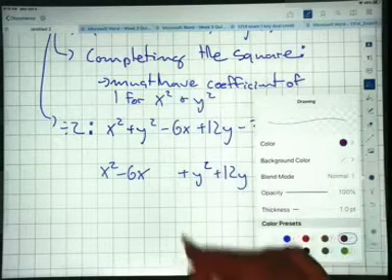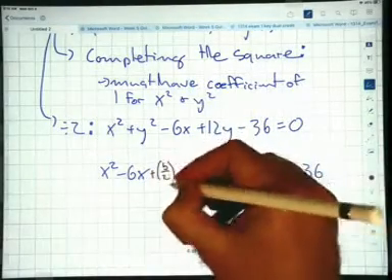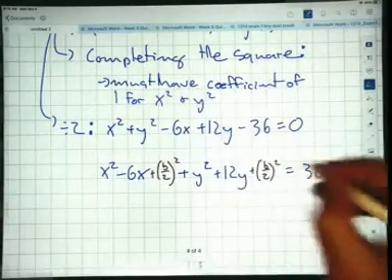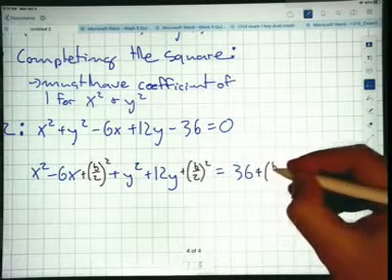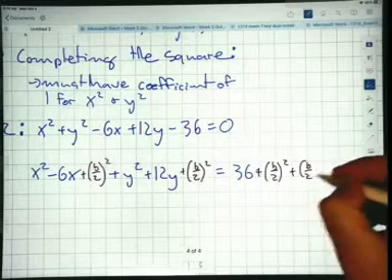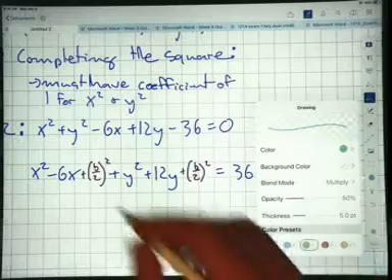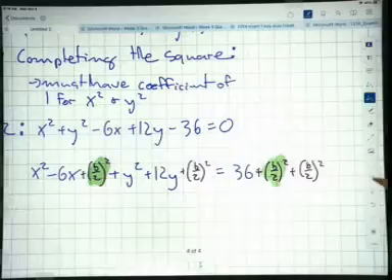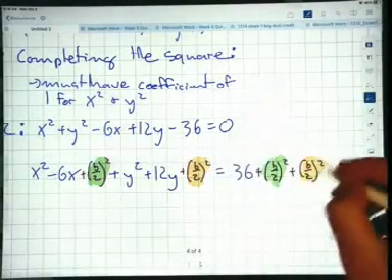Now what we want to do is add this thing called b over 2 quantity squared. This is the b over 2 quantity squared for my x's, and this would be the b over 2 quantity squared for my y's.